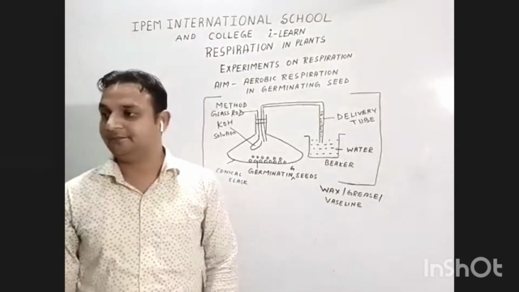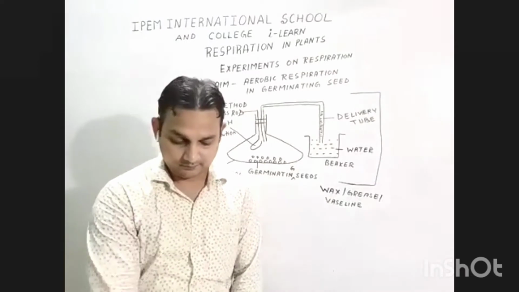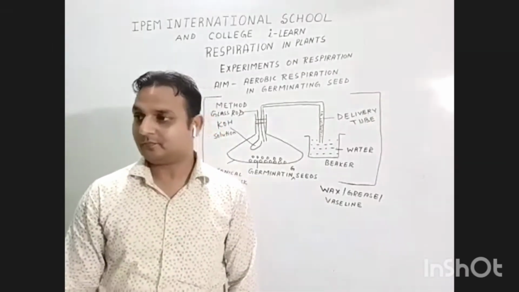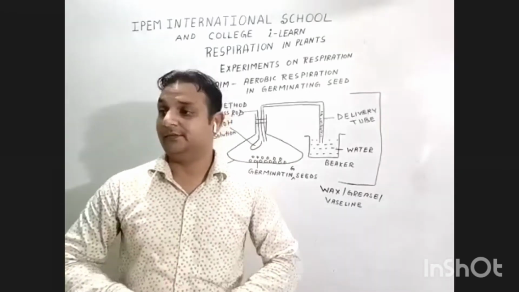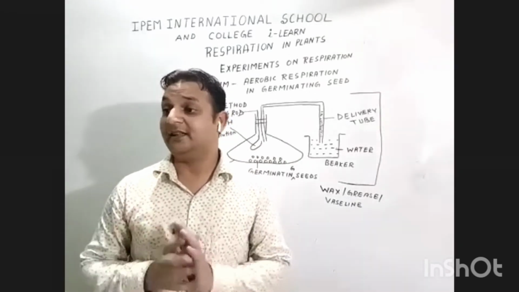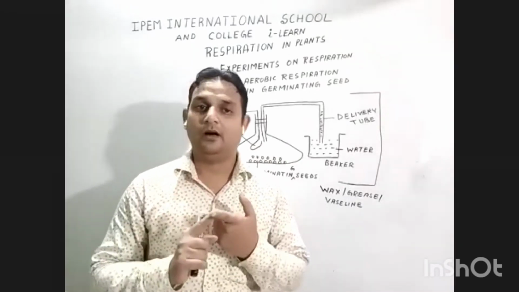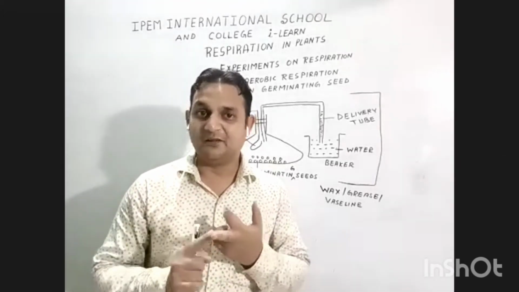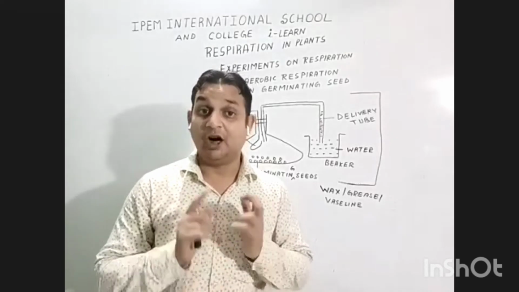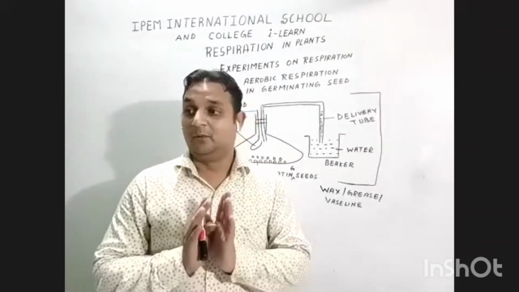Now, how the board asks you the question. How will the board ask you this question? Everything you have understood: aim, procedure, observation, reason for observation, conclusion. Now, how will the board ask you?